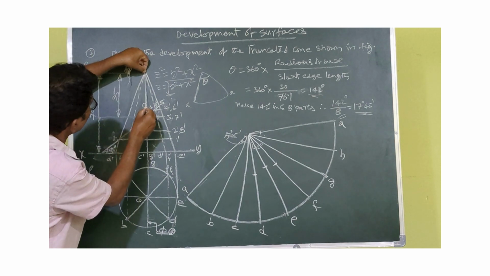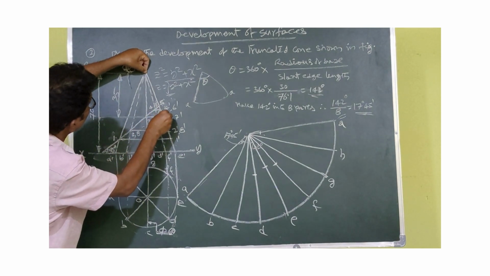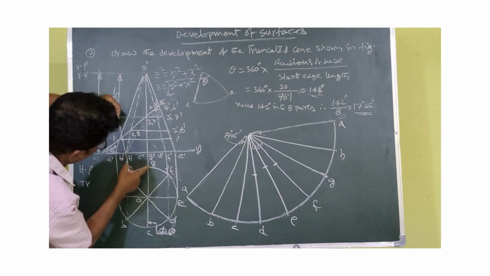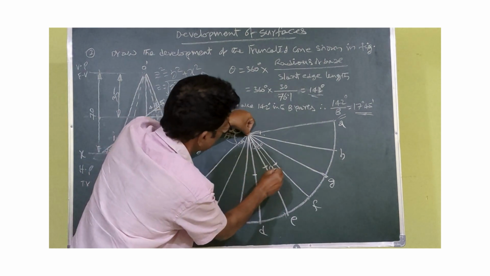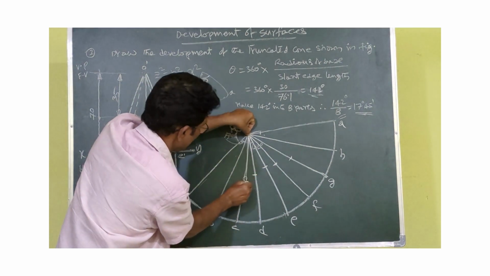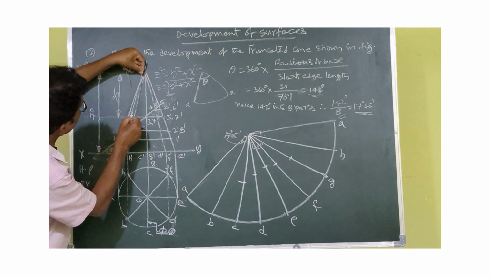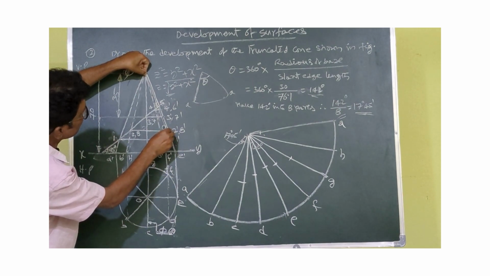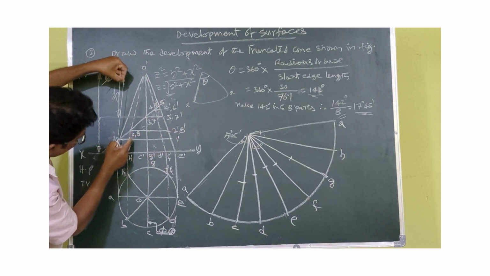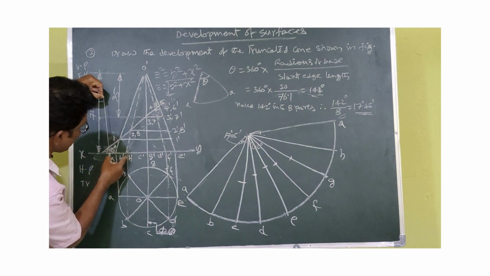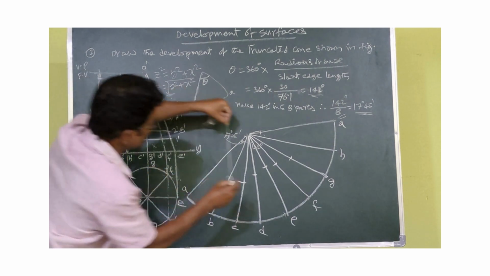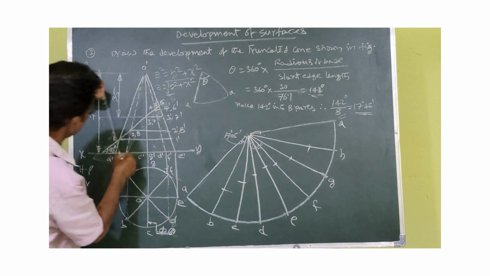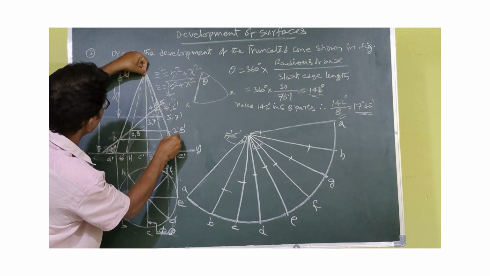Next you come to 1 dash 3 dash 7 dash, that edge is equal to 3 dash and 7 dash, which is extended from C and G. From here you cut C and G. And next you come to 2 and 8, you take this length 1 dash and O dash and 2 dash and 8 dash, that is B dash and H dash, B and H. So this is the center, you cut H and B. Next it is 1 and 1 dash, O dash and 1 dash as a radius.